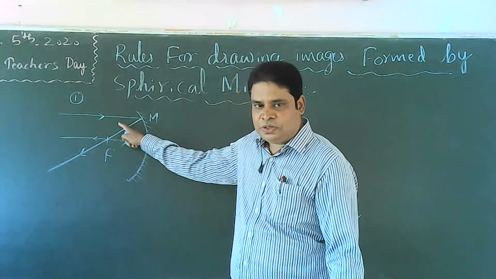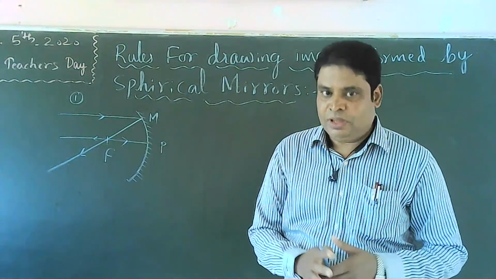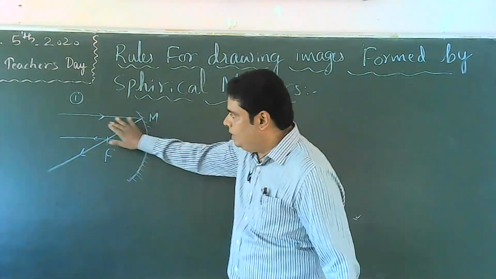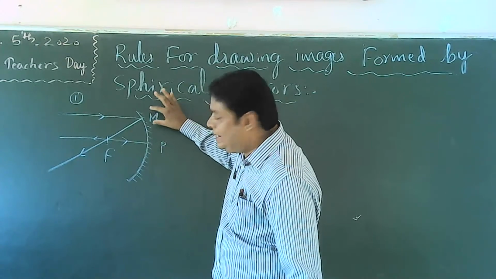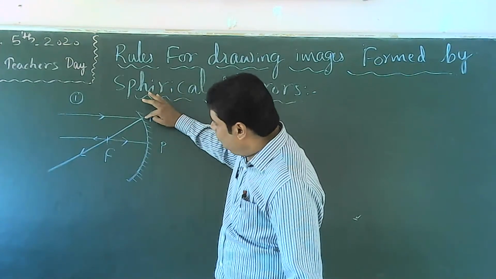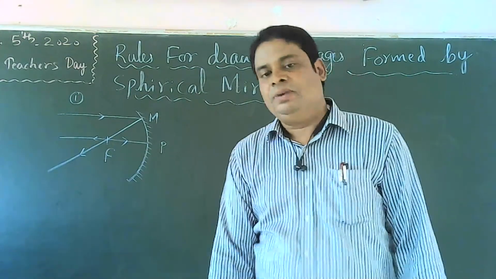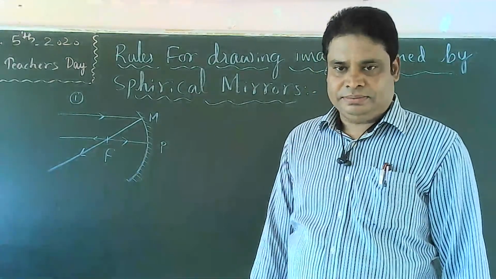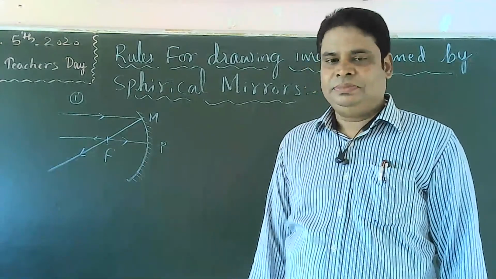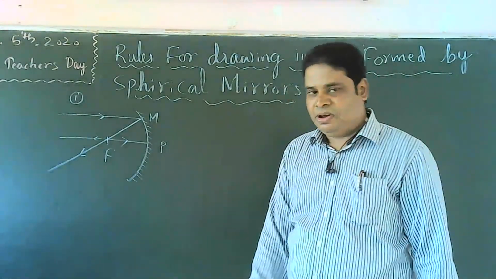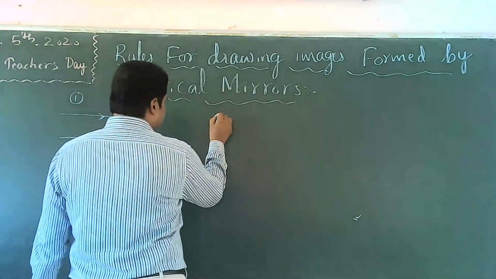This is the first ray we are supposed to consider while drawing the image of an object. A ray from an object after incident on this concave mirror reflects and will pass to the principal focus of the concave mirror. Same can be extended to convex mirror also. Anyway, let us take the example of concave mirror only. Okay, this is the first ray.